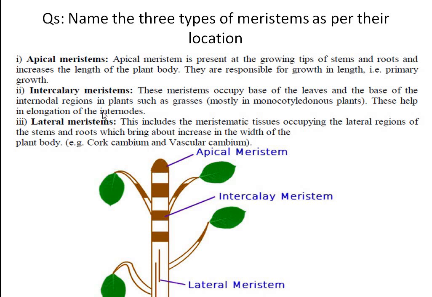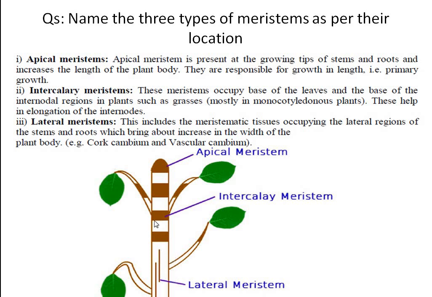Now intercalary meristems. These meristems occupy the base of the leaves and the base of internodes region in plants. See, the base of the leaves and the base of internode. Internode is the position between two nodes.